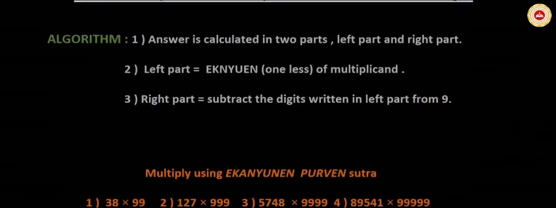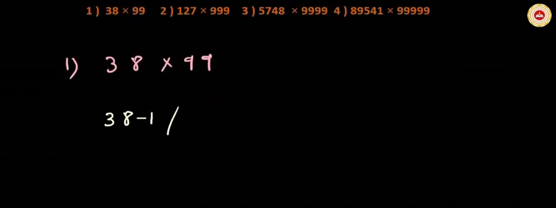Now, what is the right part? Subtract the digits written in the left part from 9. For that, we have to first solve the left part completely. 38 minus 1 is 37. Let me erase this and write 37 directly. This left part is Ekanyunena of 38, which is 37. What is the right part?